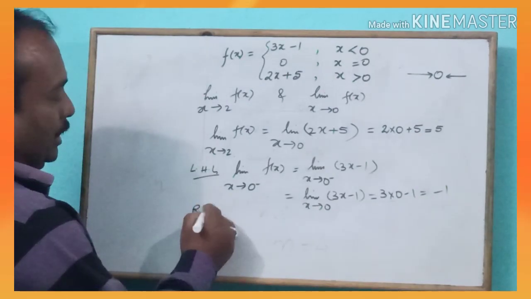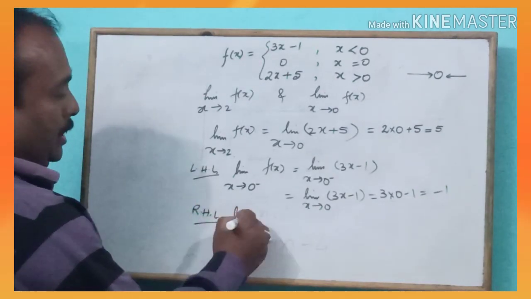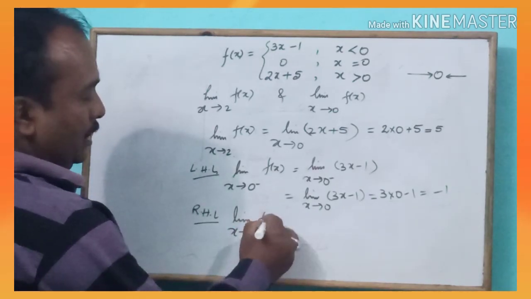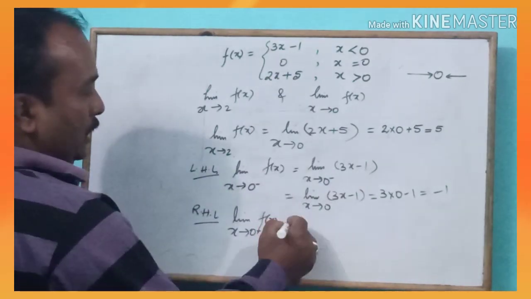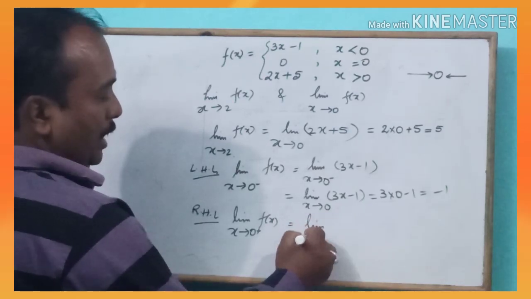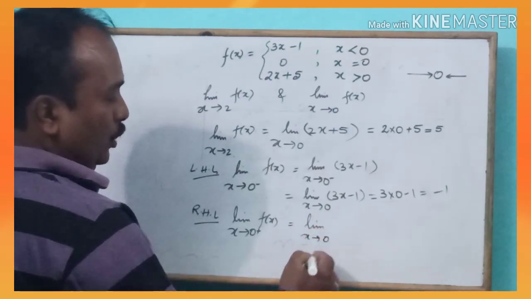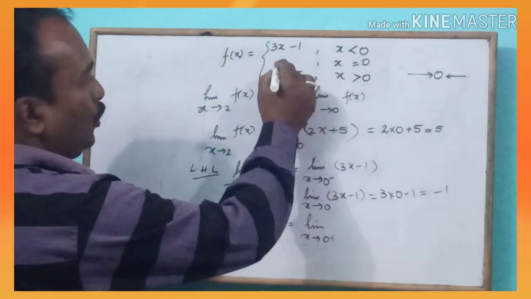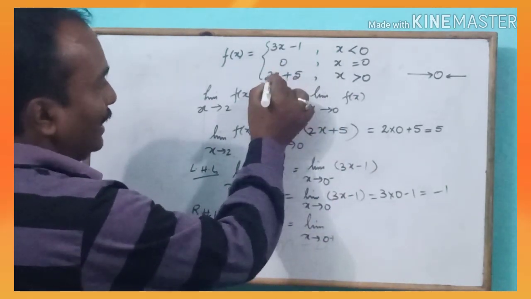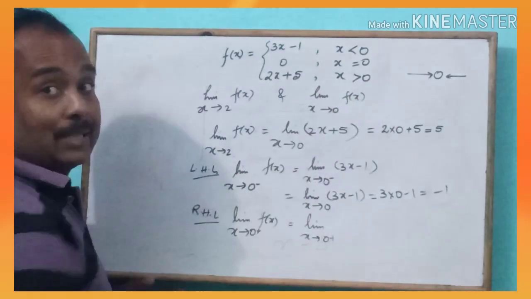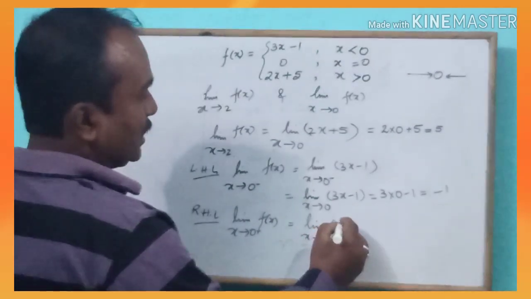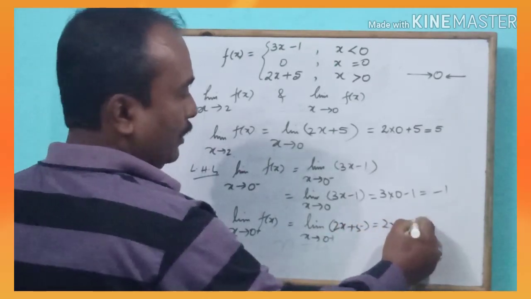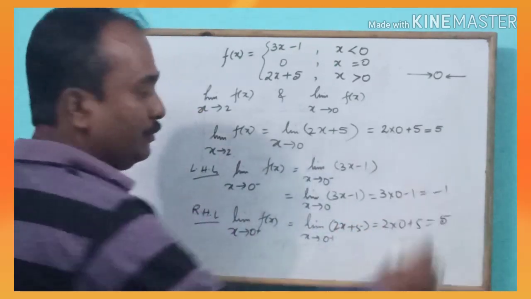What is the right hand limit? Limit x tends to 0 plus f(x), that is defined here, we put 0 directly, because we are going to use the function at values of x greater than 0, that is 2x plus 5, or 2 into 0 plus 5, that is 5.